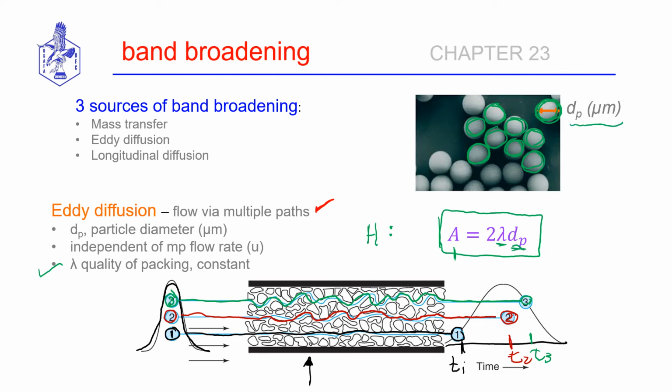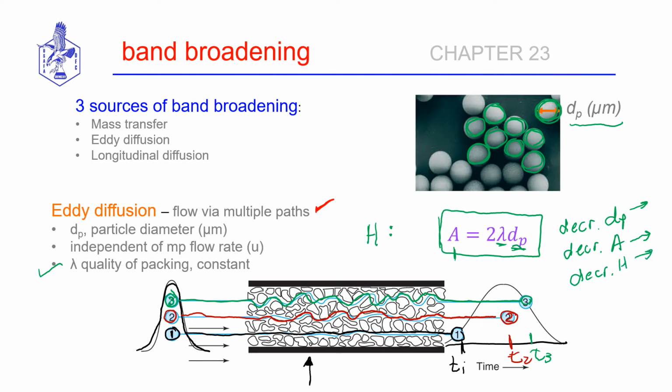So obviously, as you decrease the diameter of the silica particles, you're going to decrease the magnitude of the contribution to band broadening from eddy diffusion. And if you decrease that, you decrease the plate height.